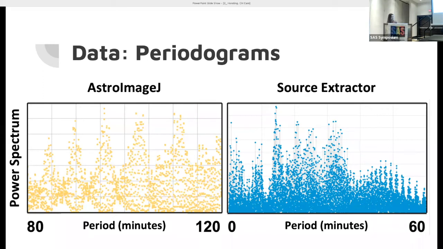With Image J, we only found data above 80 minutes for each period, and with source extractor, we've only found periods that are less than 80 minutes, so we're still looking into that. And again, we are also looking into PSX to confirm our findings.